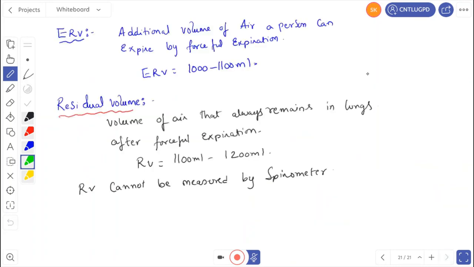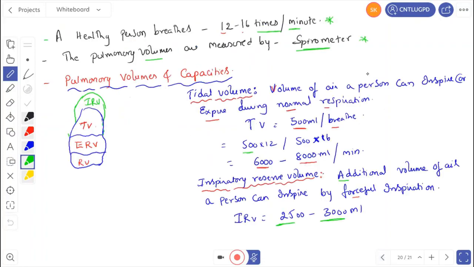Next one, ERV: the additional volume of air a person can expire by forceful expiration. In normal expiration you are sending out only tidal volume. But by forceful expiration you are sending out tidal volume plus ERV.